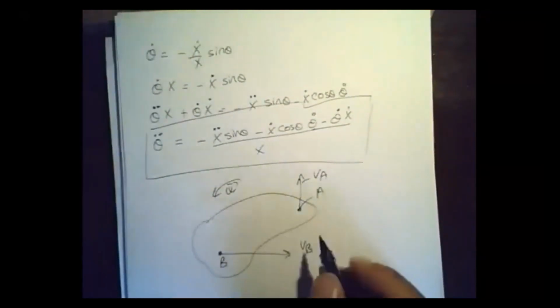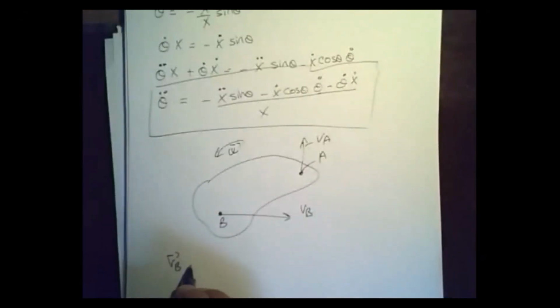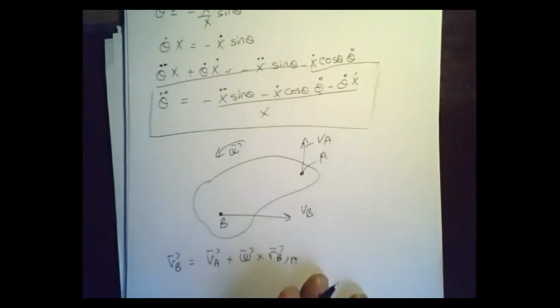So the equation that we have tells us that the velocity of B is equal to the velocity of A plus omega cross r of B with respect to A.